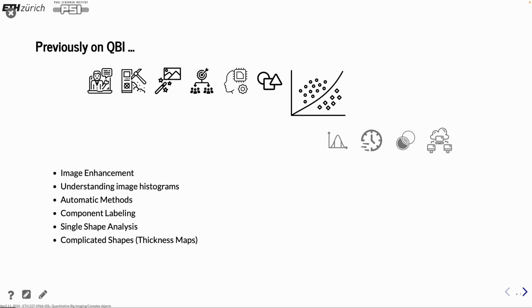Then on top of that, doing analysis on each shape. And we looked a bit at the complicated shapes, using the thickness map or combination thickness map, distance map. And that is where we are to take it up now.